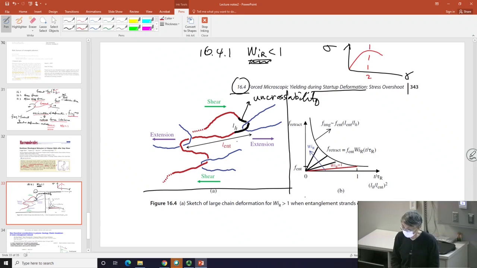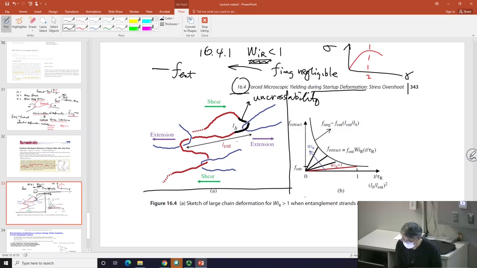And at least from the preliminary considerations, this force is not very large. So let me just call it negligible. And then what is driving this deformation is largely just the cohesion force, which means you can produce a level of retraction not much bigger than the cohesion force.